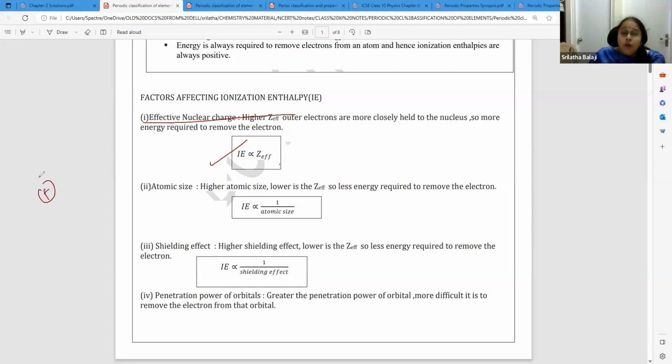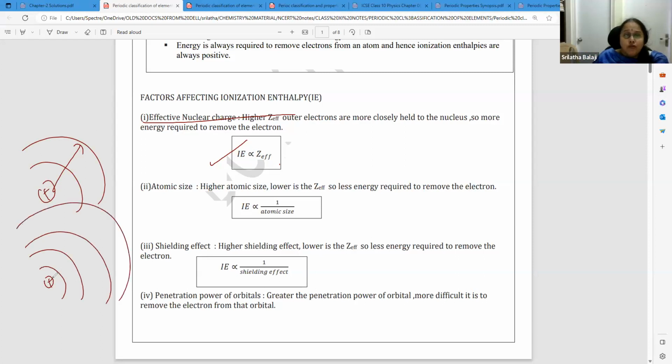See, when the nuclear pull over the electron is more, will the electron be lost easily? For example, an atom has 2 shells and another atom has 4 shells. So where is Z effective more? The atom with 2 shells.